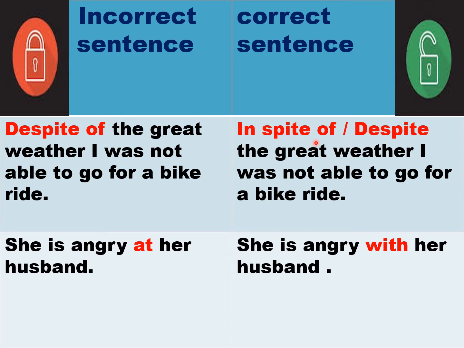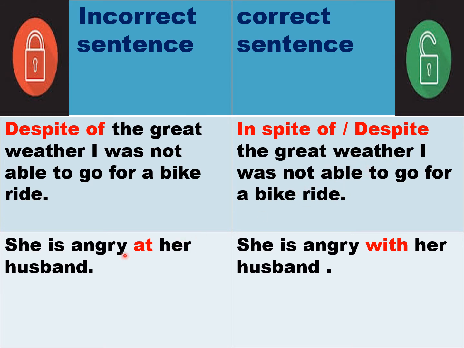In spite must be used with of. This is the difference between in spite of and despite. When we use despite, we must use despite only. When we write in spite, we must use of also. Here, despite is correct. In spite of or despite the great weather, I was not able to go for a bike ride.